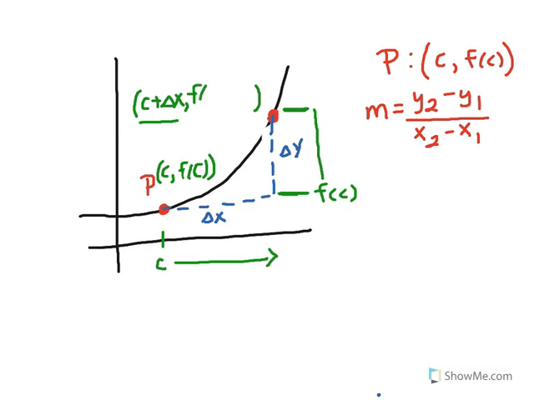So I could say f of c plus delta x. Okay. And it's okay if you didn't grab that all the way, but all I have to do with this, if this was a real x value, some number, all I would do is plug it into my f of x function and I'd have my answer for y. So that's all we did, and it comes from this business over here.